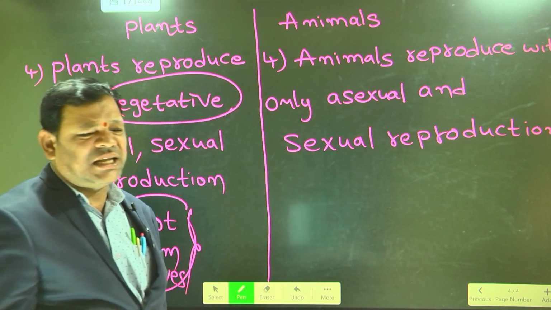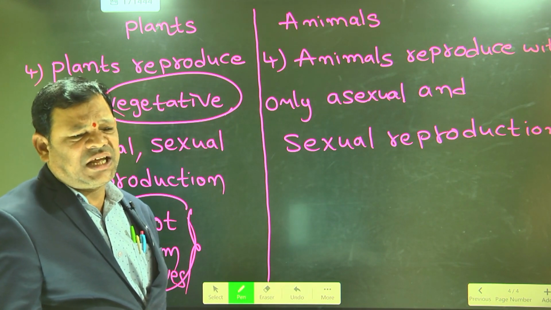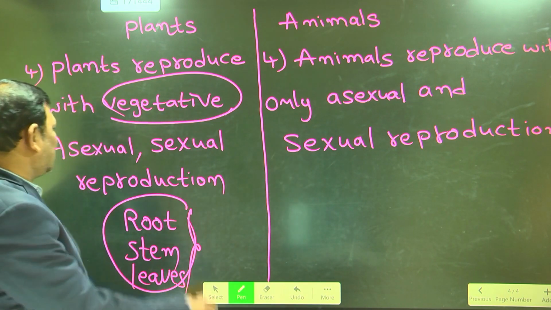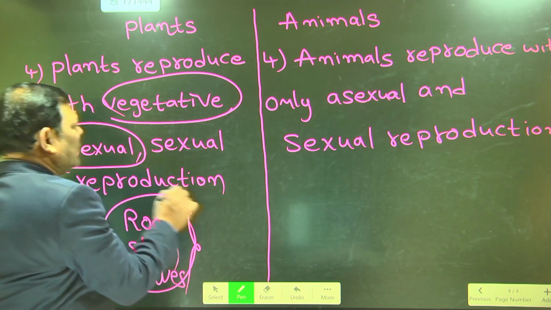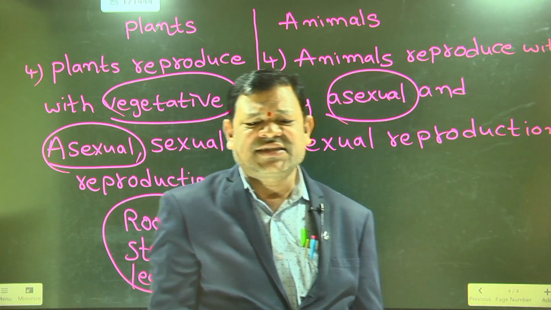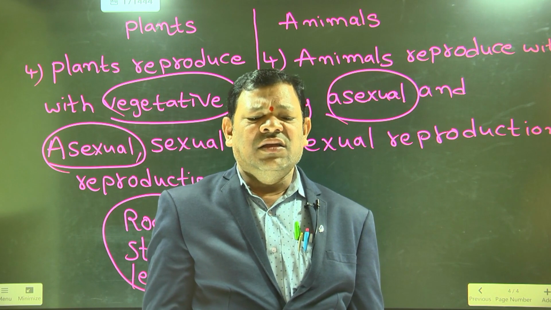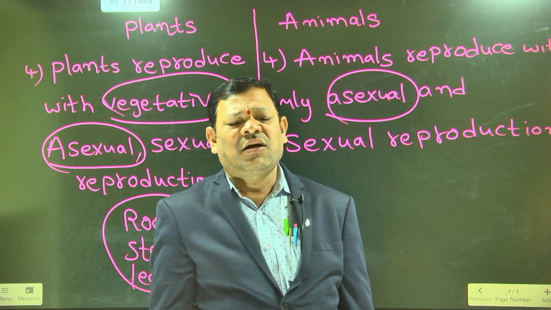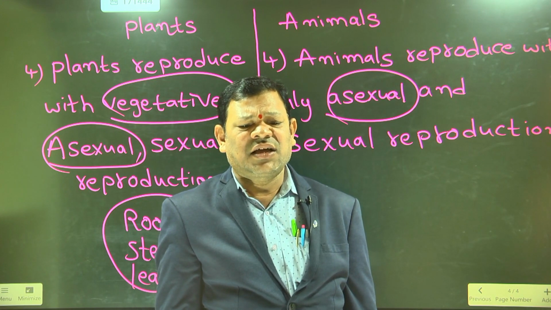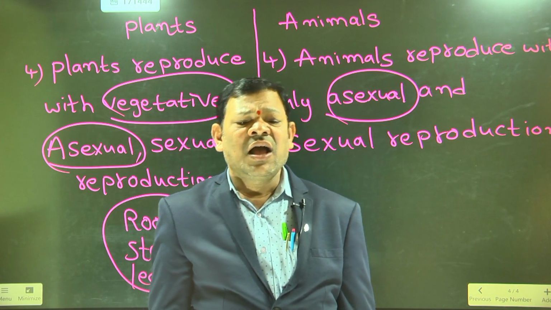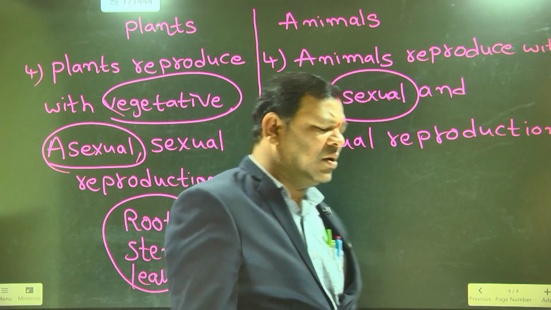We cannot see this in animals. Next, what is asexual reproduction? In both cases it is the same: there is no fusion of gametes and no fertilization. Organisms can reproduce this way in unfavorable conditions, which is common to plants and animals.